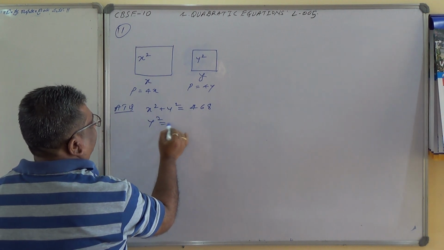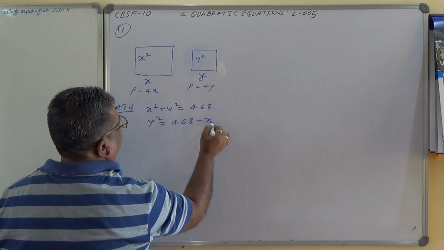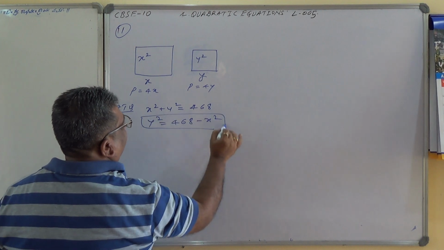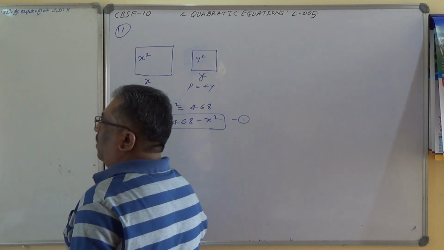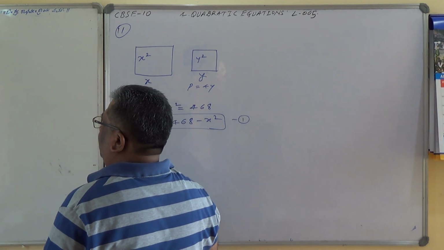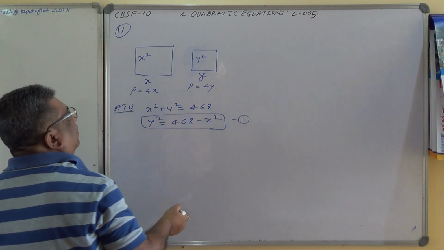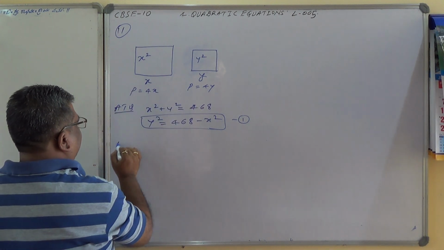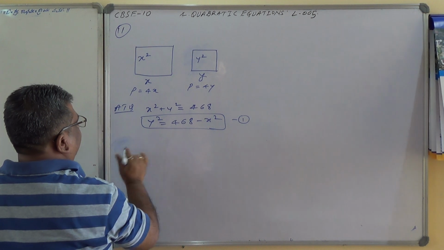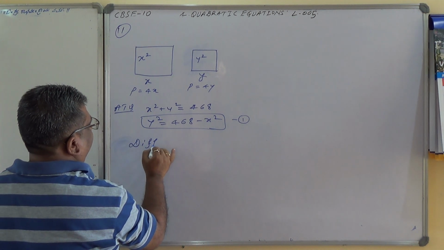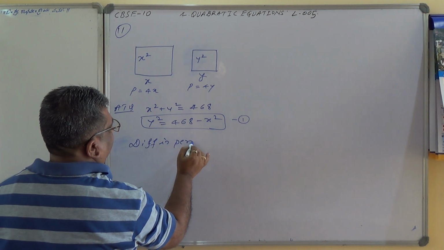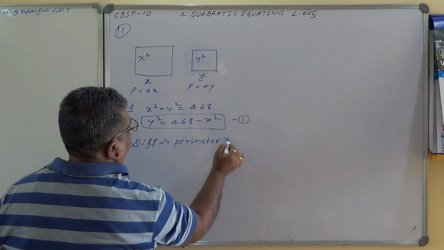Therefore, y square equals 468 minus x square. Mark this 1. Also, the difference of the perimeters is 24 meters. So 4x minus 4y equals 24.